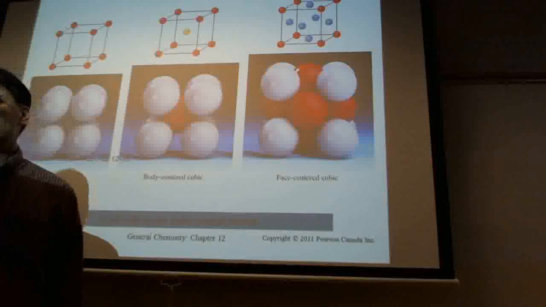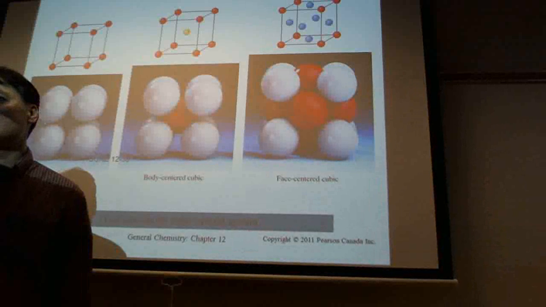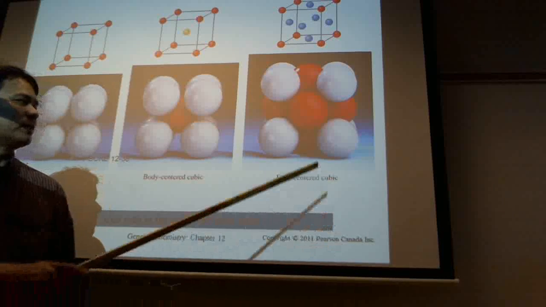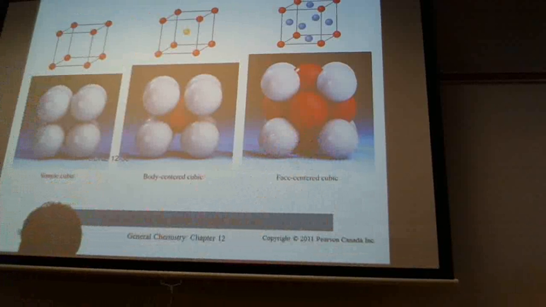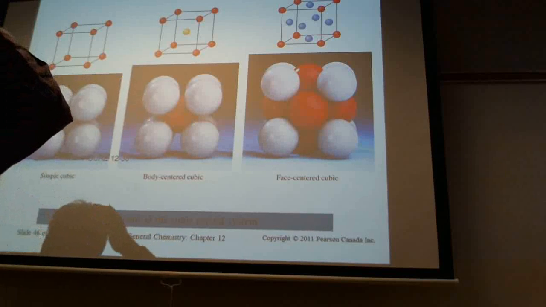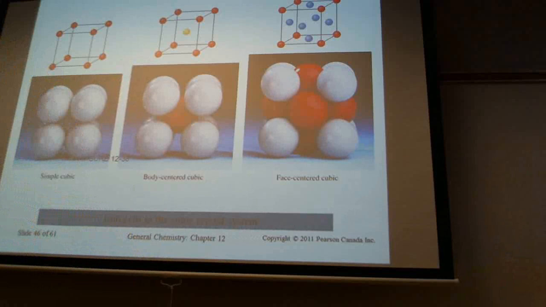In the cubic unit cell, there are only 3 basic ways of packing the atoms into a cube, shown here. We're going to look at these in the cubic unit cell. Altogether, there are 14 different lattices, ways of packing. You don't have to remember the numbers.